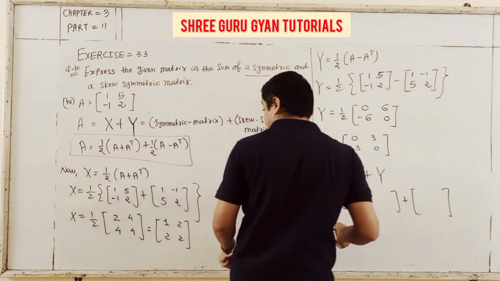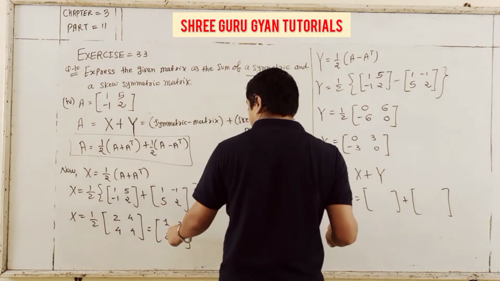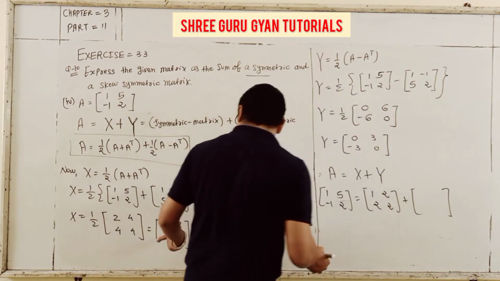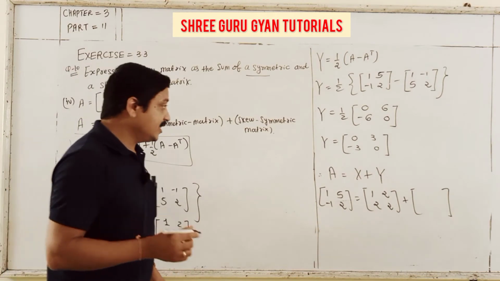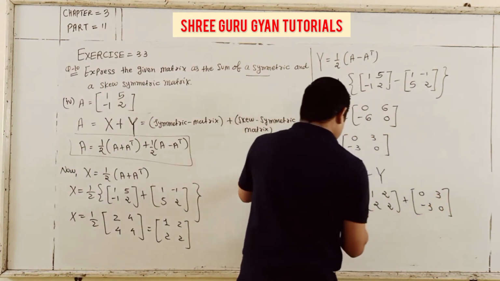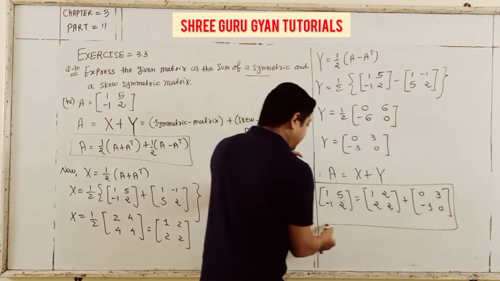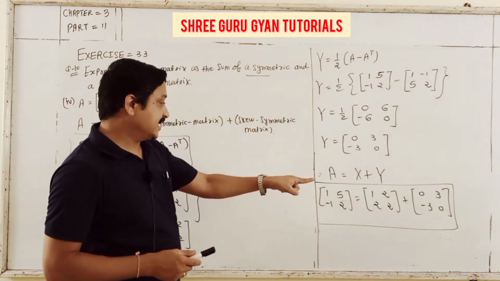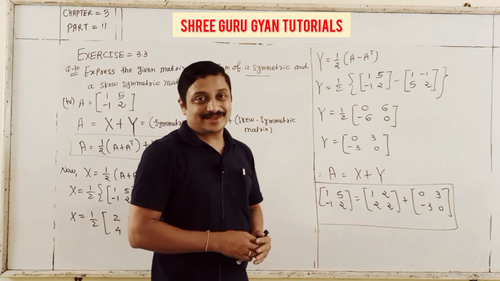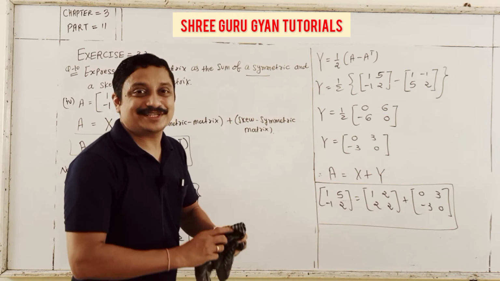Here X becomes also known: 1 2 2 2, and Y is similarly 0 3 minus 3 0. Now you will attach both, added. Add 5 and 5, here 2 and 3, minus 1 and 2 plus 0 is 2. That's the answer here, students, question number 10.